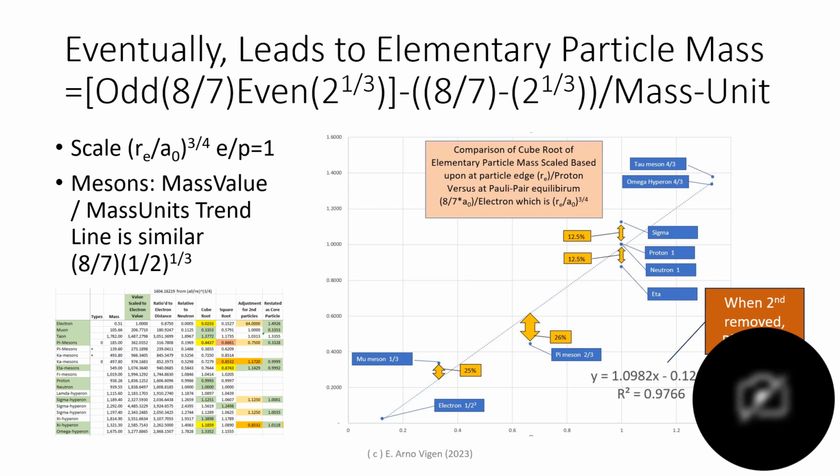Then what happens is we get a pretty good R squared of 0.9761. But the ones that are off this trend line are off exactly 25% plus, 25% minus, 12% plus, 12% minus. Well, that 12%, that's the 8 segments.